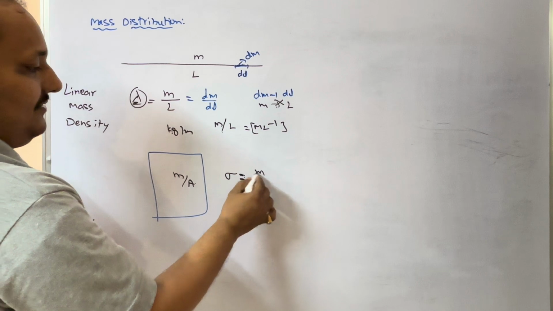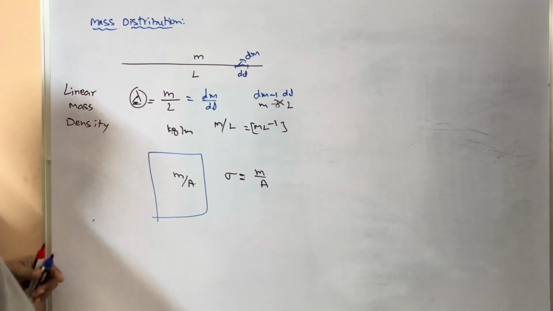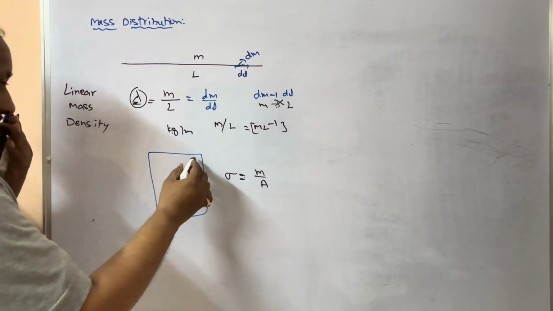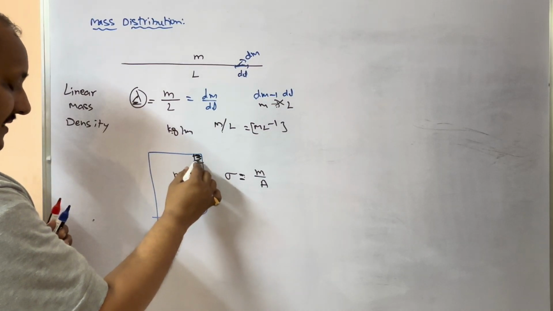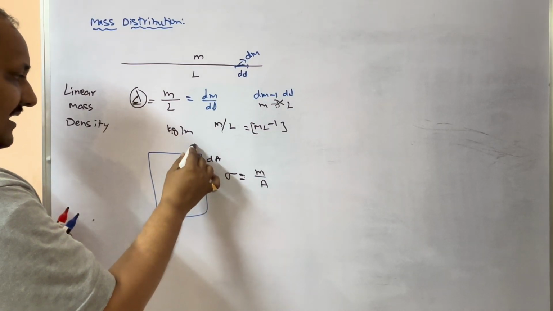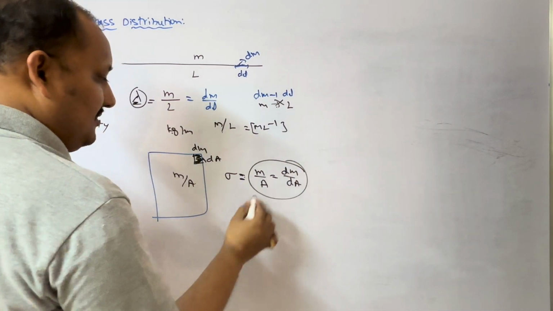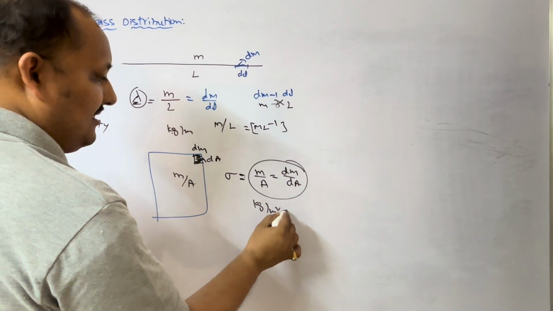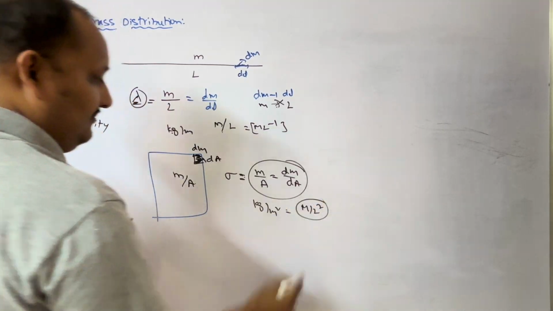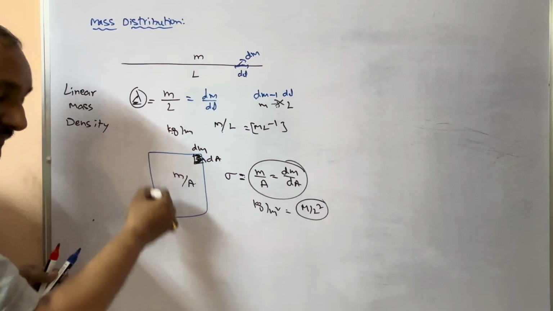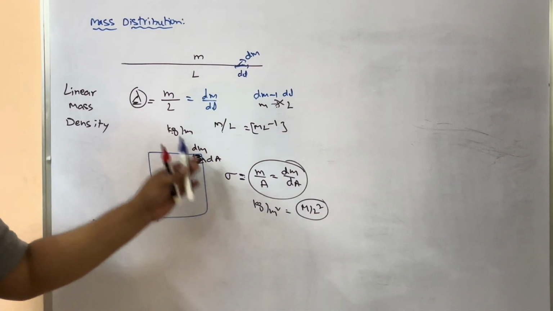So sigma equals m by A. If you are taking a small portion dA with mass dm, then sigma equals dm by dA. So units kg per meter square, dimension M L power minus 2. Who has surface mass density? Something that has only area, like thin paper.